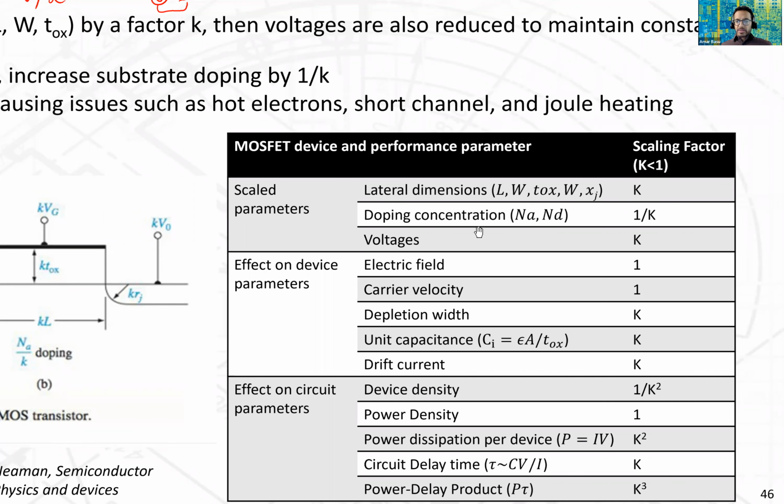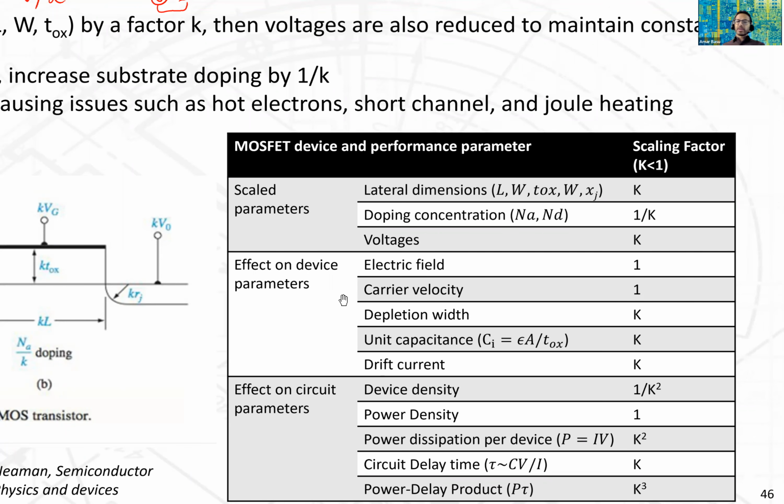The doping concentration goes by 1 over K. So you have to increase the doping concentration, and that is done to maintain the same junction width. And finally, the voltages are scaled as well to maintain a constant electric field. If you scale down the voltages by the same scaling factor, then your electric field will remain constant.